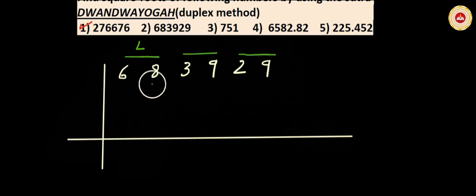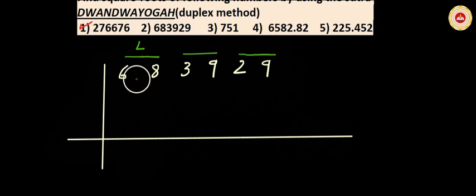See, I'll repeat, you are going to start the process from left group. 68 is left group in this case. Find such number whose square is nearest to 68 but less than 68.